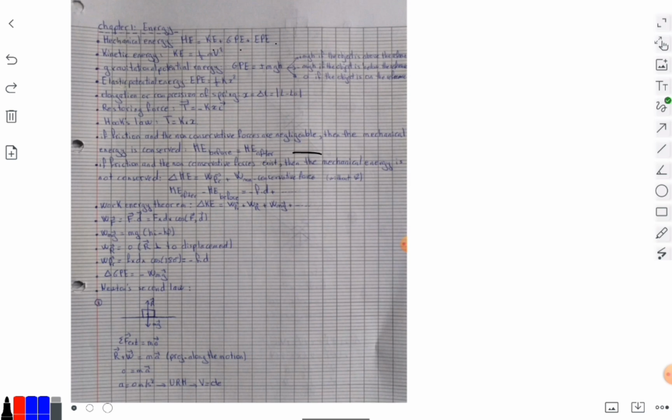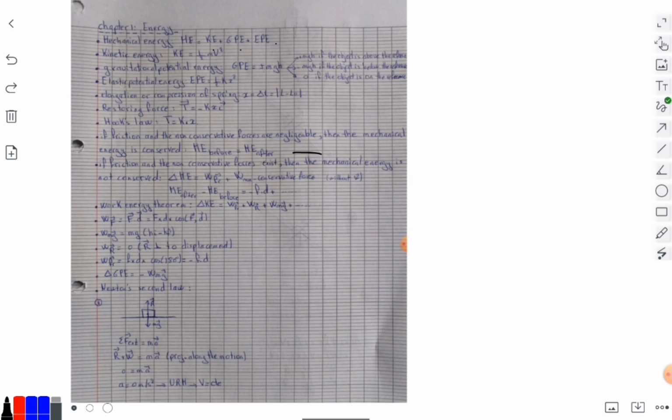By the work energy theorem, delta kinetic energy equals work of friction plus work of reaction of support plus work of weight plus etc. Work of any force F equals F scalar D equals F times D times cosine of the angle between F and D. Work of mg equals mg times h initial minus h final.